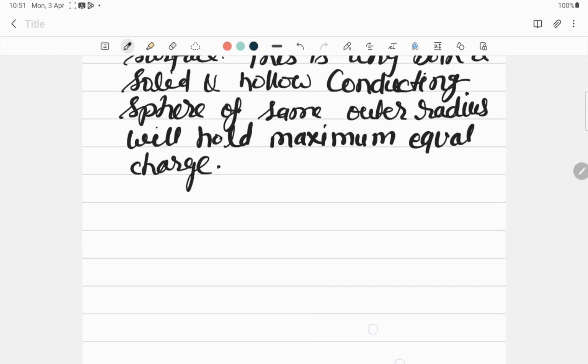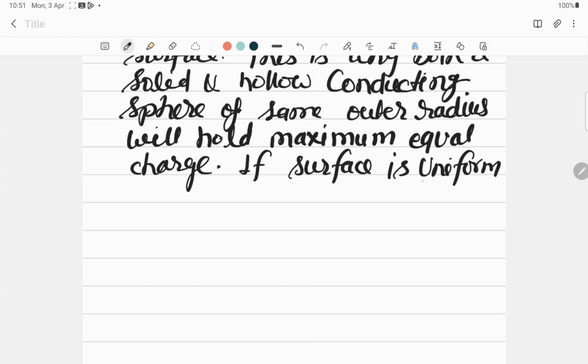If surface is uniform, uniform means it does not change with time or does not change with position.